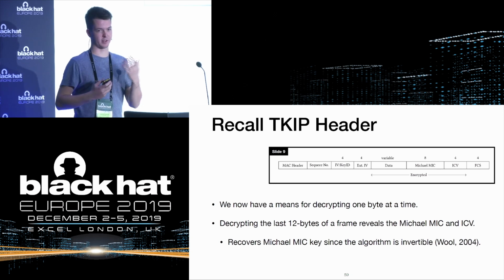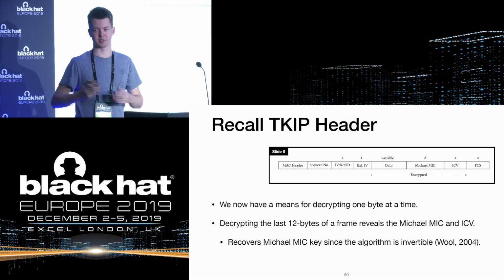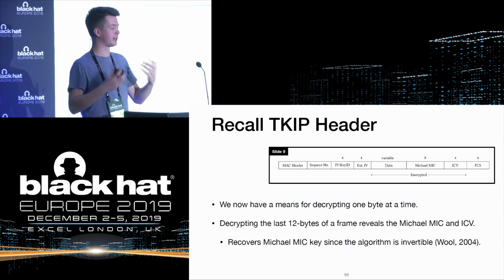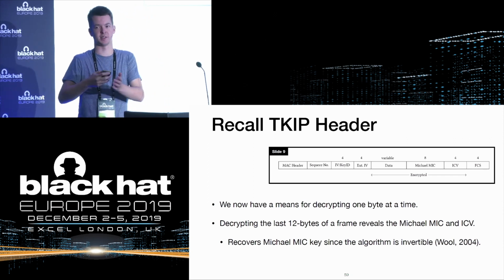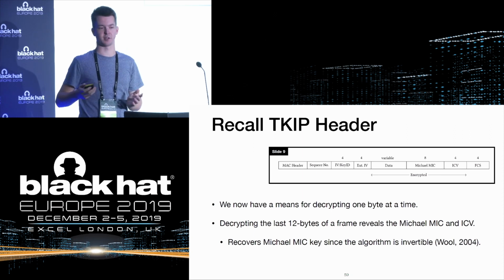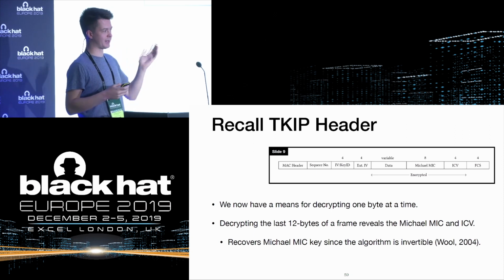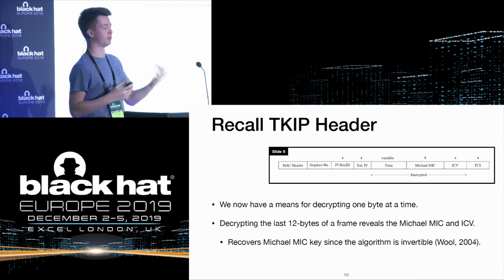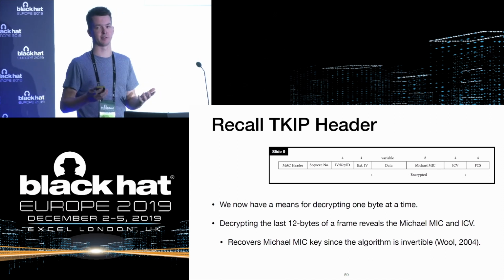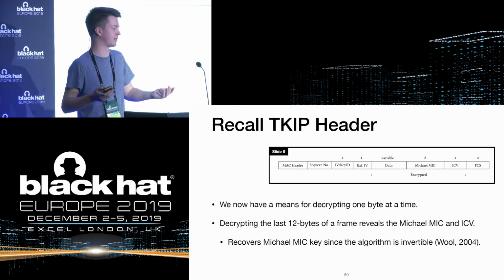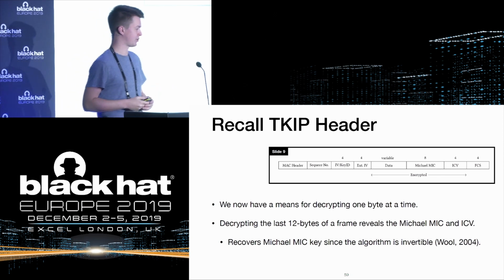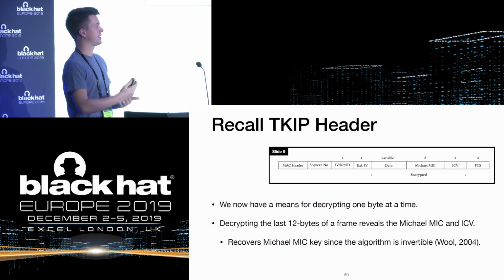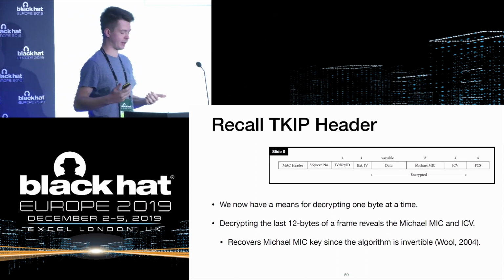If you sniff an ARP request on the network, which is easily detectable by its length, then we can make some very educated guesses on the plain text values of these ARP requests. Depending on your network configuration, it may only be 1 or 2 bytes that you would have to brute force to recover the plain text value of this, which means it goes very fast. So if we manage to decrypt this frame, we have obtained some key stream. We know the plain text value of the frame.